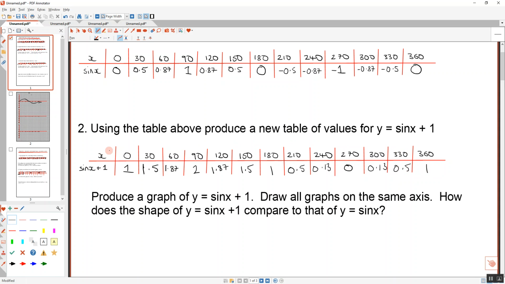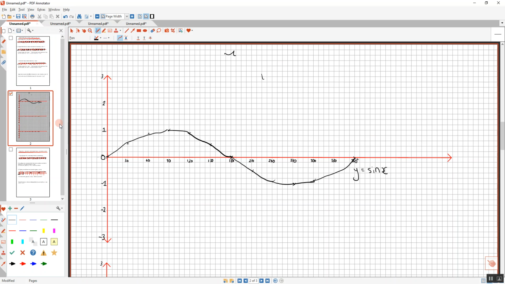Okay, so we've got all our values that we need. Now, you can put the whole thing into the calculator. You can do sine of 30, and then add 1. Or you can just take these values, because this is what sine of x is, and just add 1 to them. So when you come to graph it, the first point is going to be right here.